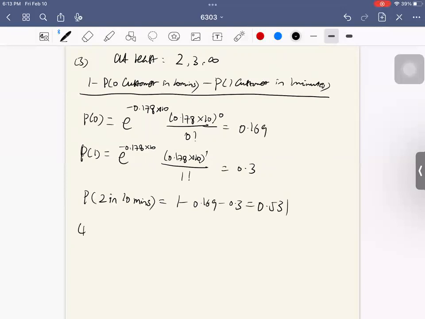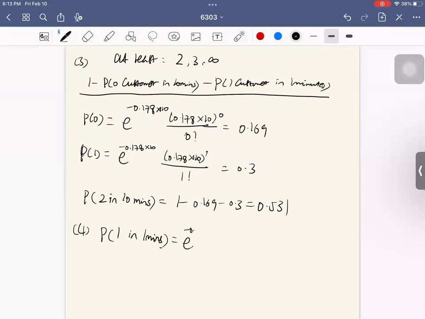And let's look at question 4. It asks us to find the probability that in 1 minute exactly 1 customer will arrive. So that is 1 customer in 1 minute. That's pretty simple.